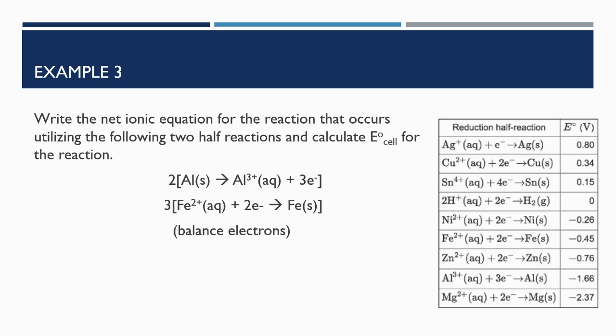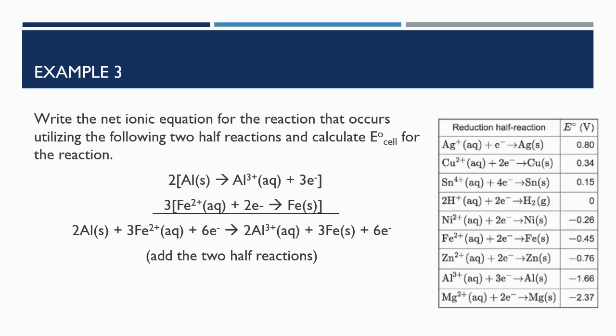So we need 2 of the first half reactions and 3 of the second half reactions in order to balance the number of electrons. So I'm going to distribute that 2 through everything in the oxidation reaction, distribute the 3 in everything in the reduction half reaction, and add those 2 reactions together. And so you can see the overall reaction here, including the electrons.